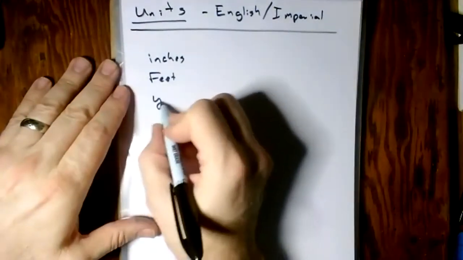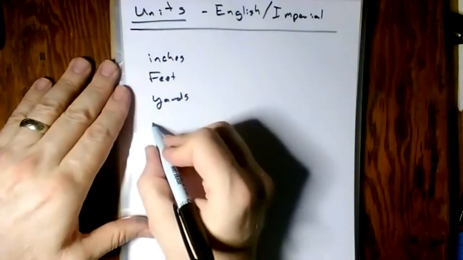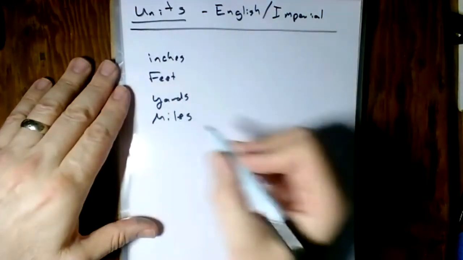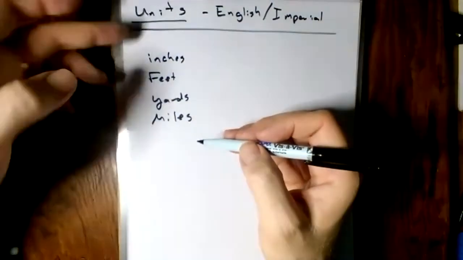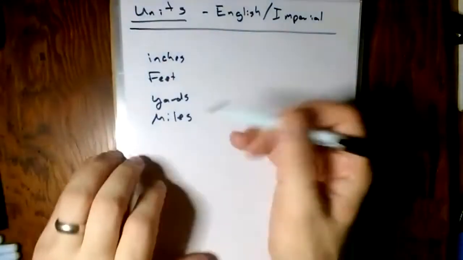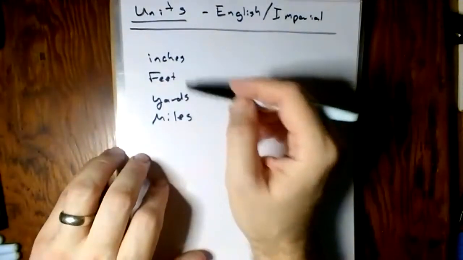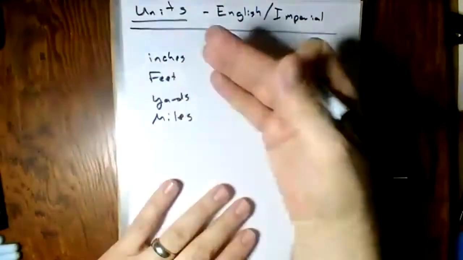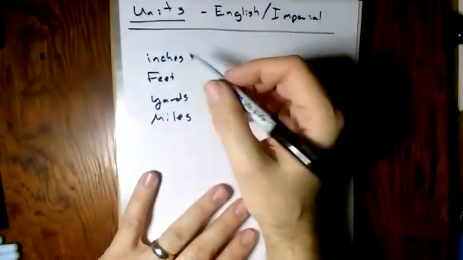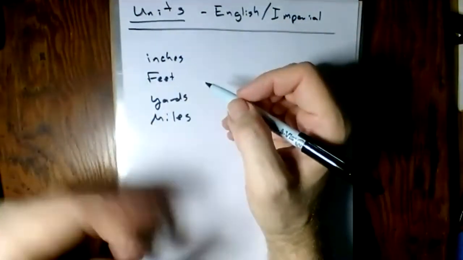feet, yards, and miles. And the funny thing is, when you're dealing with our units of measure, you're going to discover that there's actually some additional things that you could have, like a league is 6 miles.